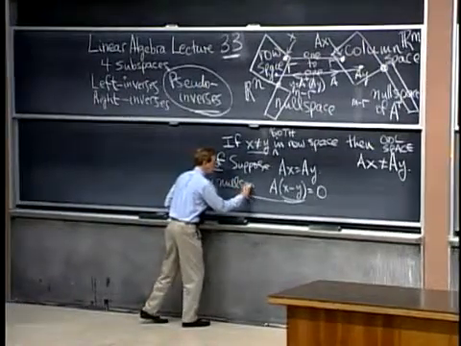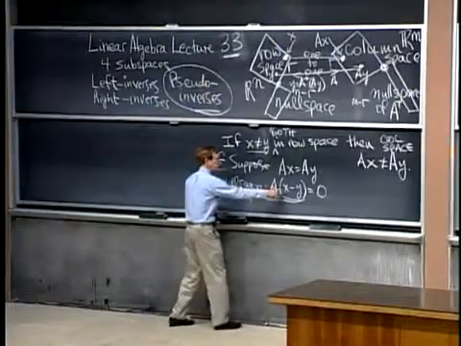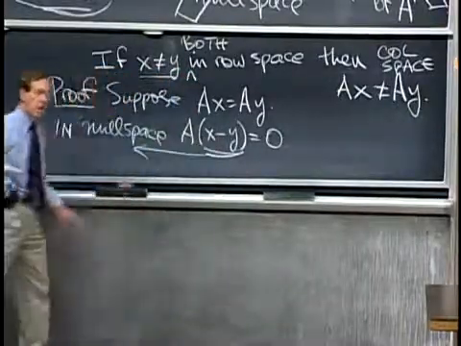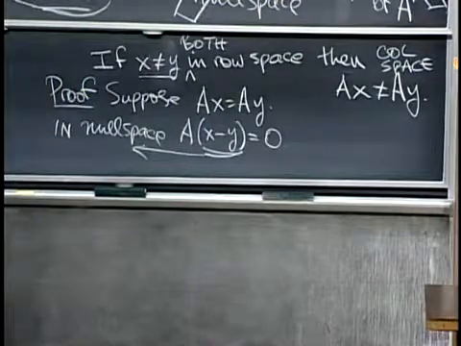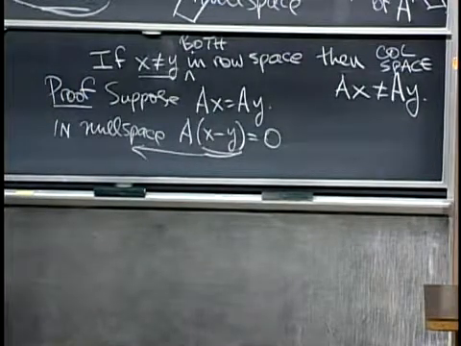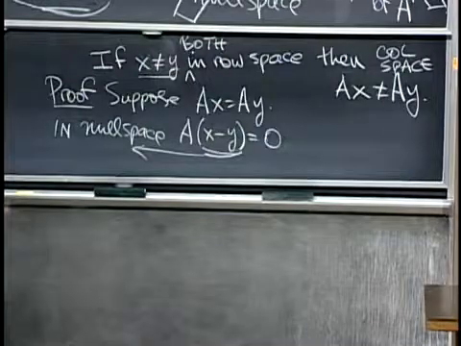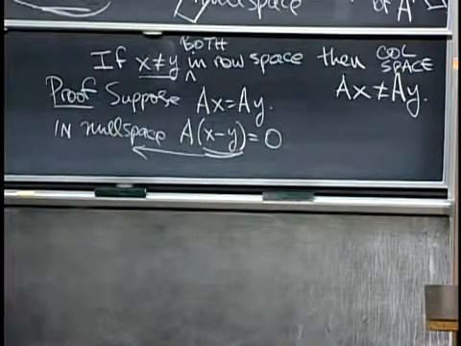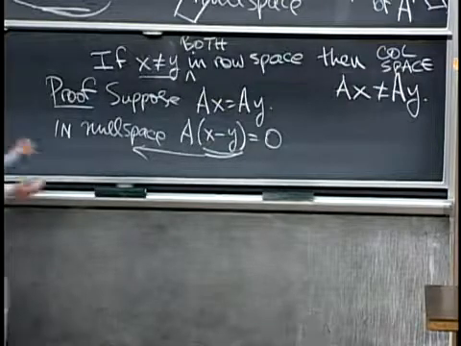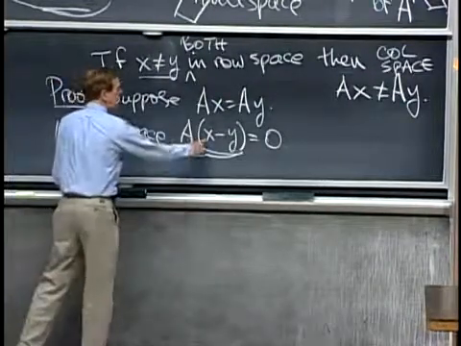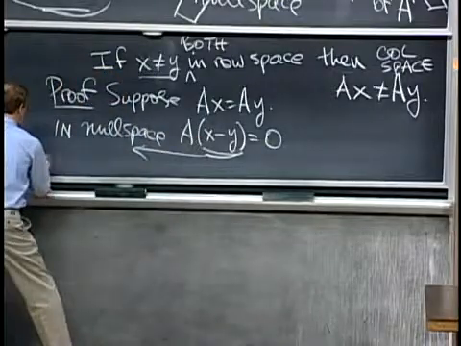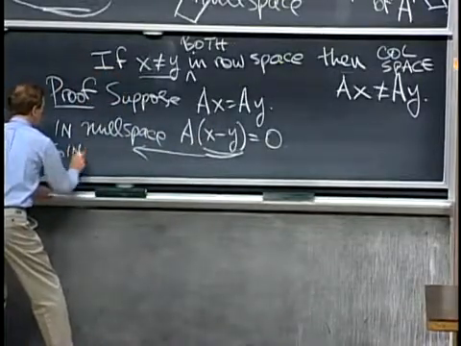But what else do I know about it? Here was x in the row space, y in the row space. What about x minus y? It's also in the row space, right? That thing is a vector space. And if x is in the row space and y is in the row space, then the difference is also in the row space.